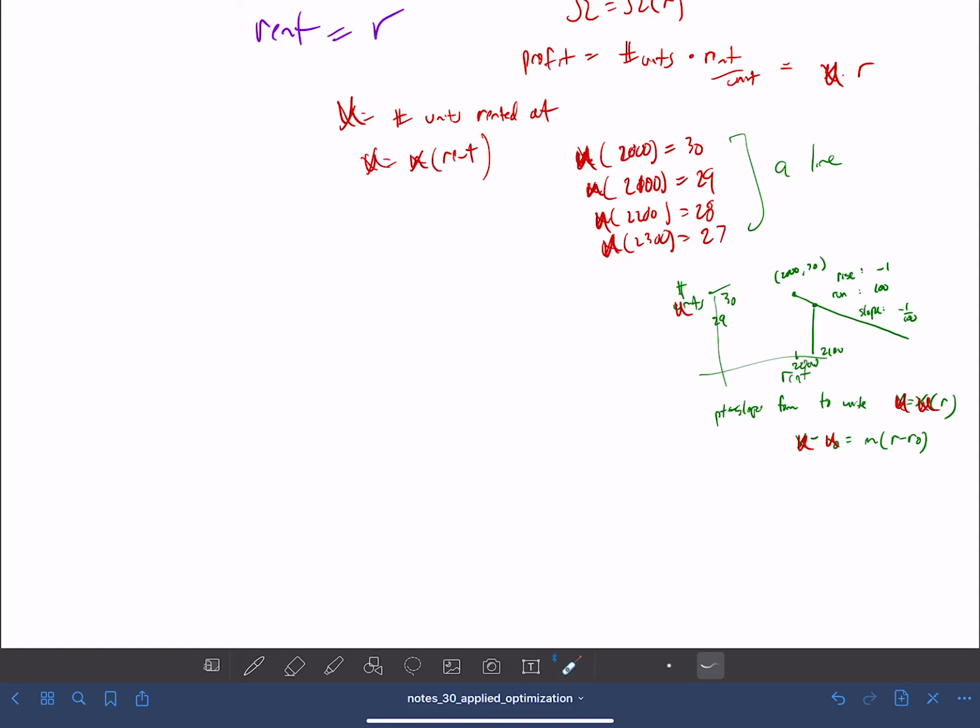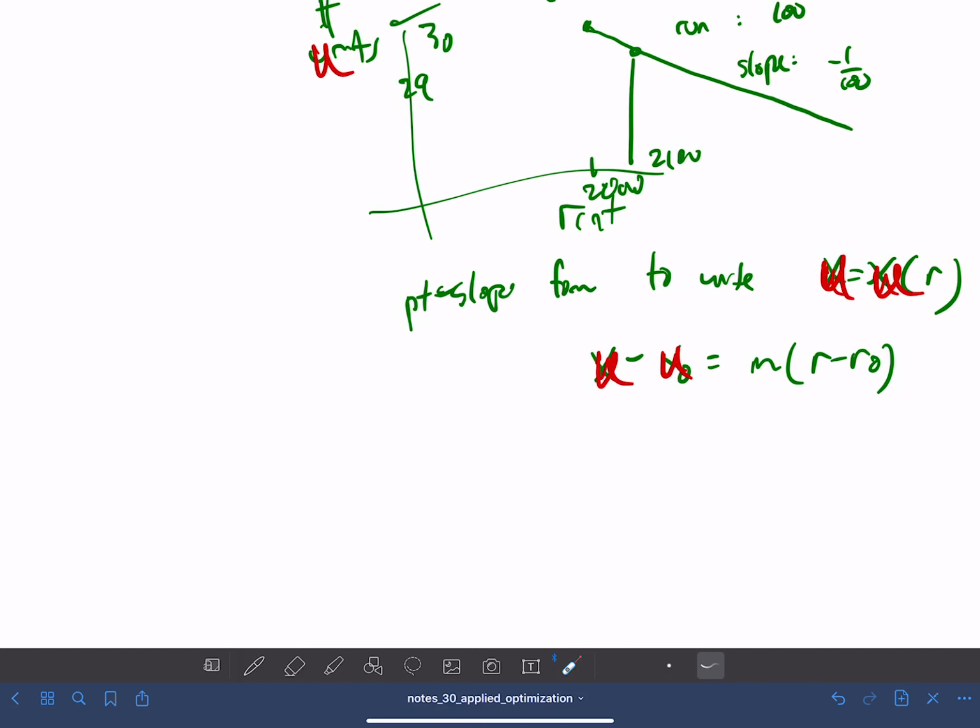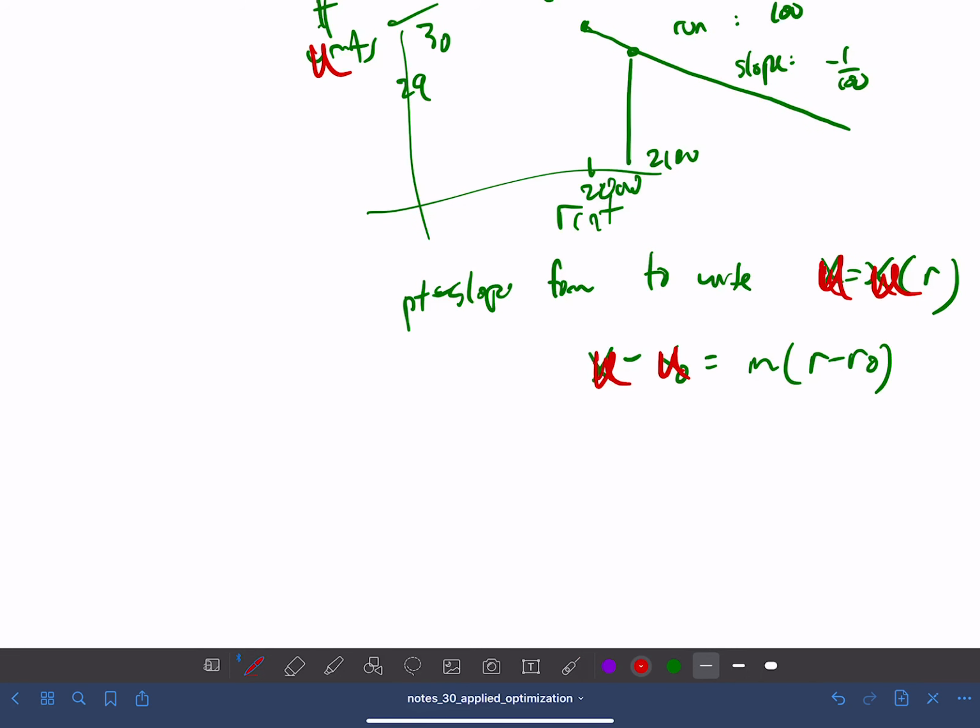So, I think we're really close now to having my units rented out as a function of rent. And what that's going to do for me is let me have profit purely as a function of the rent that I set. So, u minus 30 equals minus 1 over 100 times r minus 2,000.